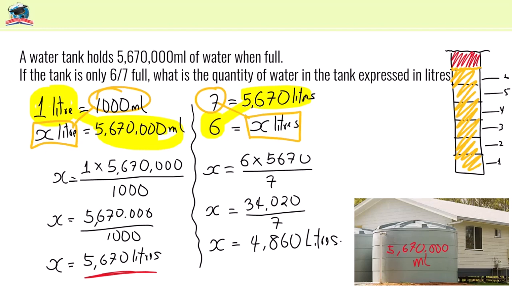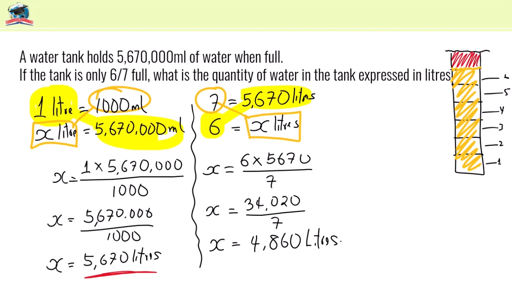Remember, it says that we should express our answer in liters. So let's put our ANS. Now we need to remove this tag. We now know what it contains. Good. ANS will be 4,860 liters. Beautiful.